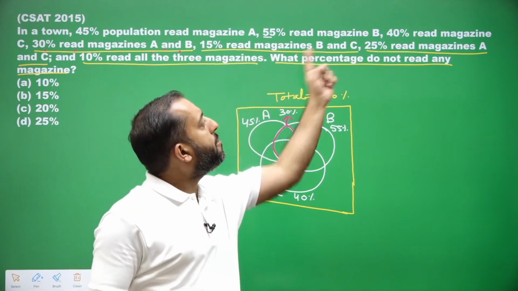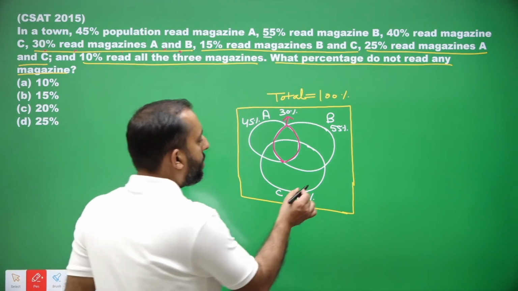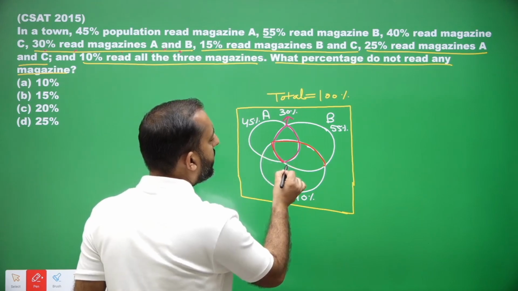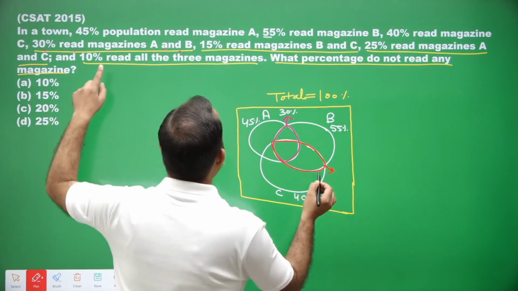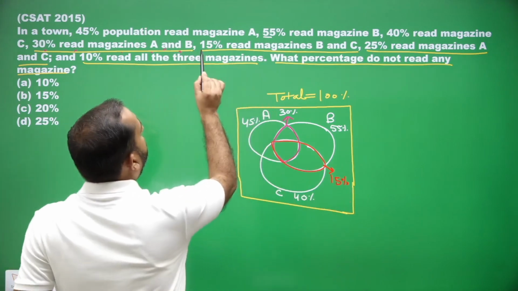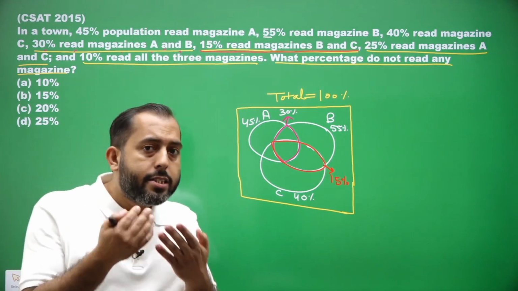15% read magazine B and C, meaningly the value of this complete intersection which is there between B and C is 15%, because 15% read magazine B and C. Over here B and C is written.